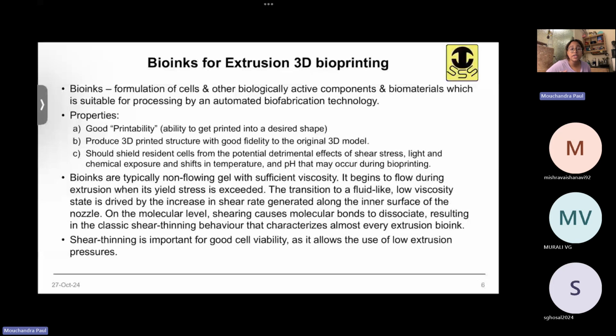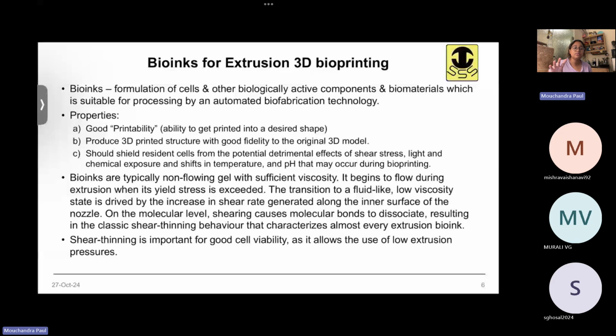So how do we protect those cells so that the final 3D object that you get has high cell viability, meaning a higher number of live cells in it, so that you can mature it? So then comes the role of designing the bioink. What components would you put in it so that it shields the cells from this high pressure?